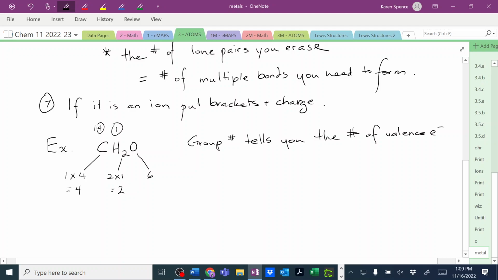If you're in the teens, you can just ignore the 1. Okay, so oxygen is group 16, it has 6 valence electrons. So now we have 4 plus 2 plus 6 gives us 12 valence electrons.